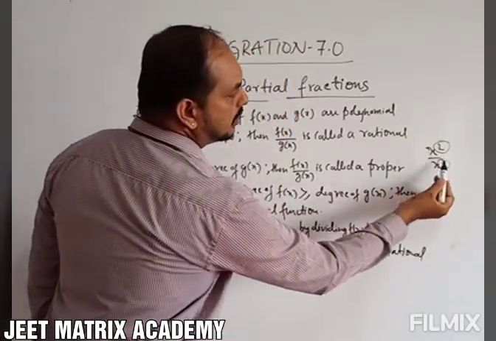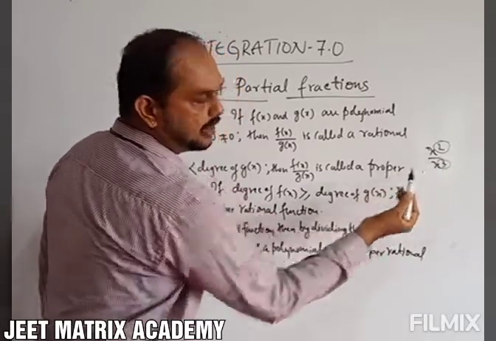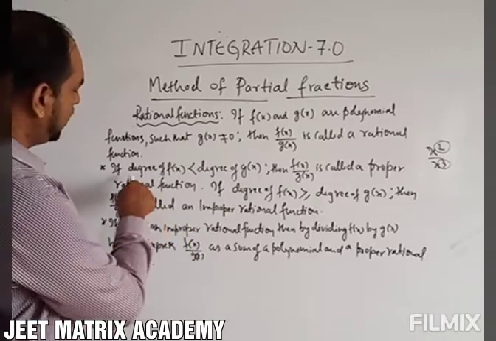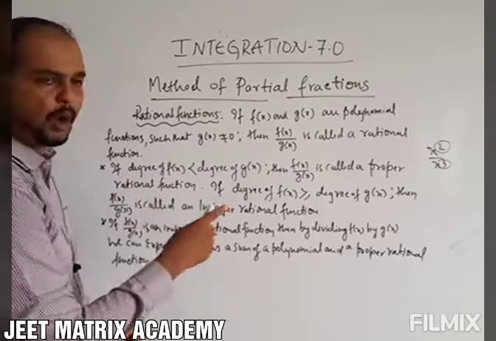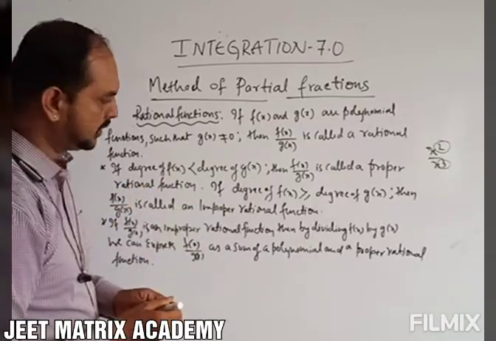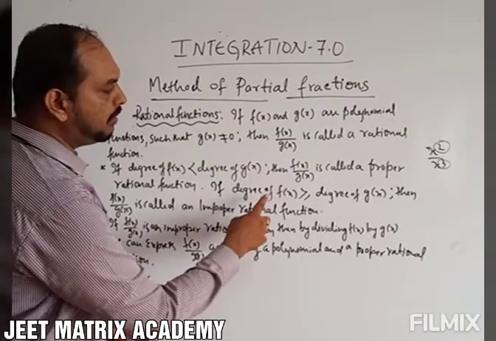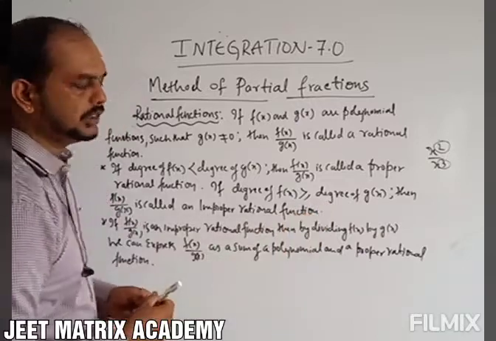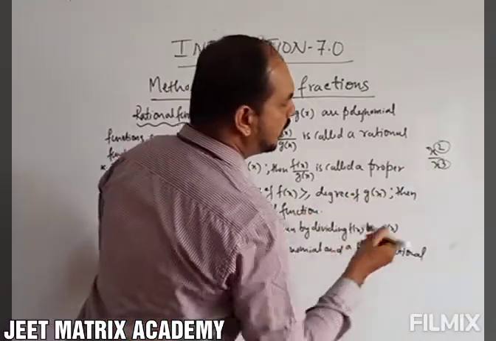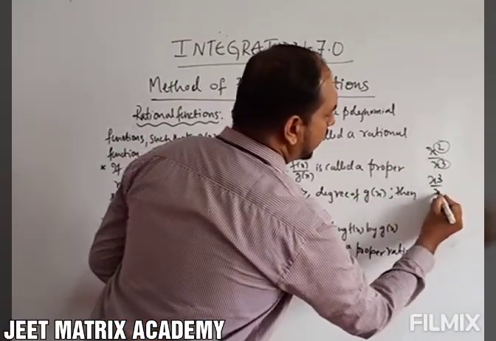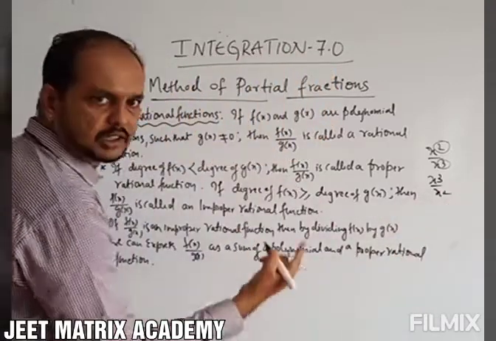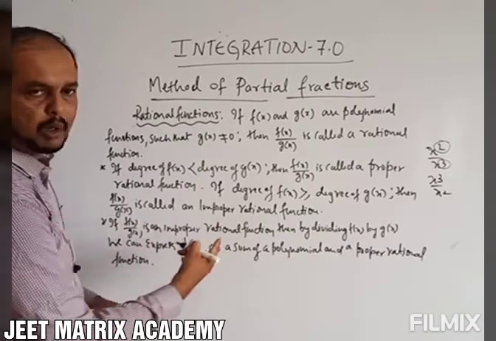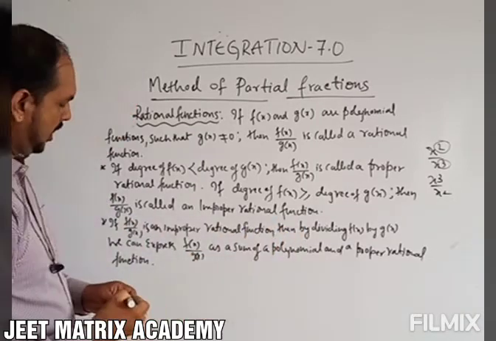So the numerator degree is less than the denominator degree, and such a function is known as a proper rational function. Similarly, if the degree of f of x is greater than or equal to the degree of g of x, then such functions are called improper rational functions.